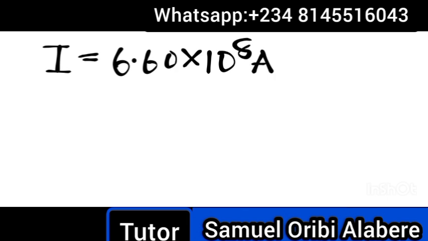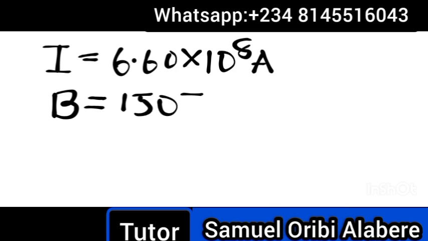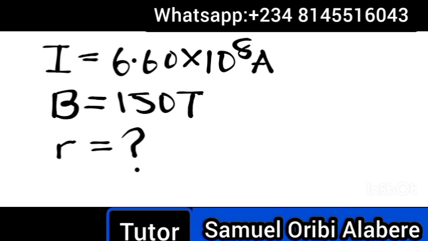Then we have the magnetic field, which is represented by B, to be equals to 150 Tesla. Then the question now tells us to find the value of R, which is not given. That is our task.